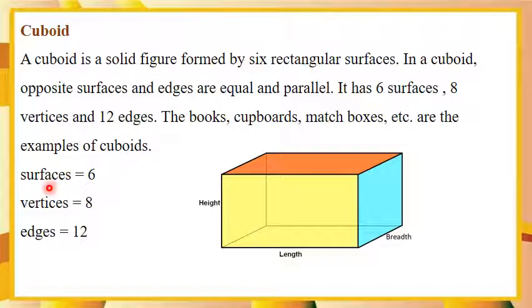So you can observe over here, this is surface number 1 and this is surface number 2, and they are opposite and they are equal in area as well as in the measures of the sides.